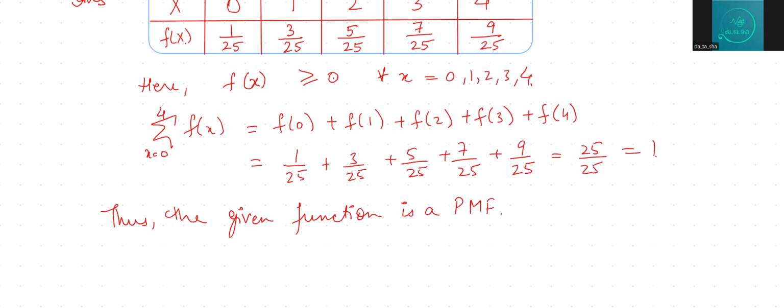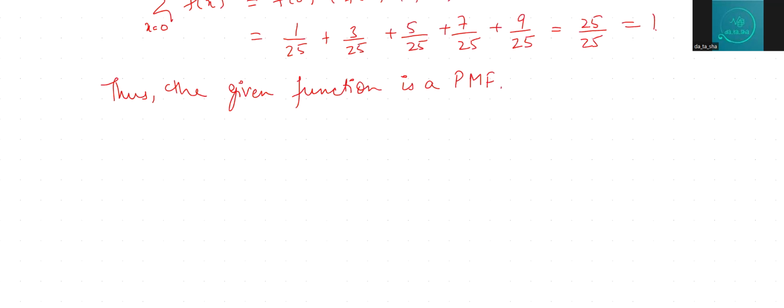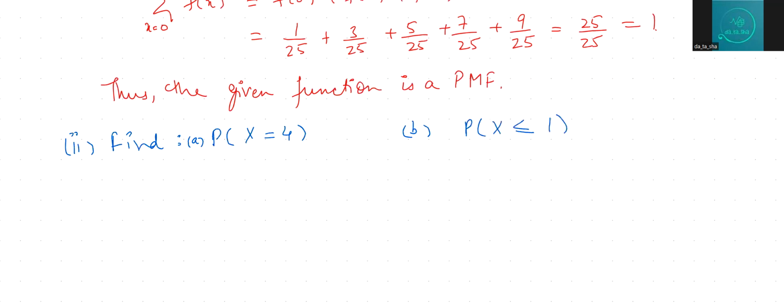Now, the another part that we have in this is that you need to find P(X = 4), P(X ≤ 1), and lastly the D part where we are talking about greater than minus 1.